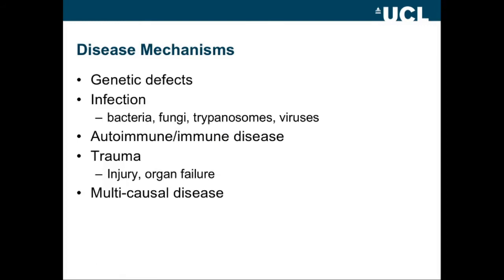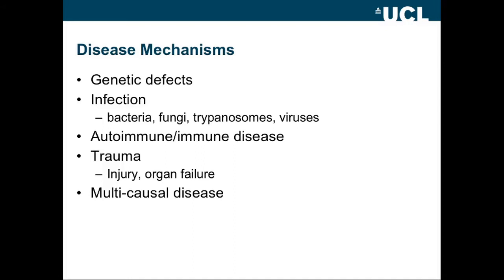Now, as I mentioned earlier on, there are different types of disease which have different effects, and that means that the type of target that we're looking for and the type of drug that we're looking for will differ. So the first type of disease is related to genetic defects, and we'll come back to that towards the end of the lecture.